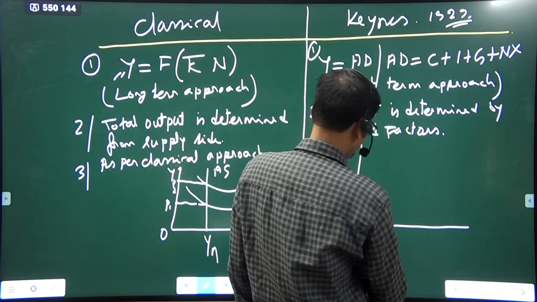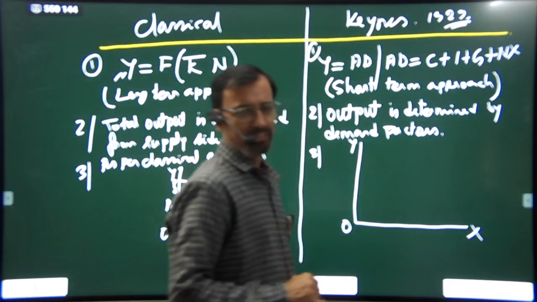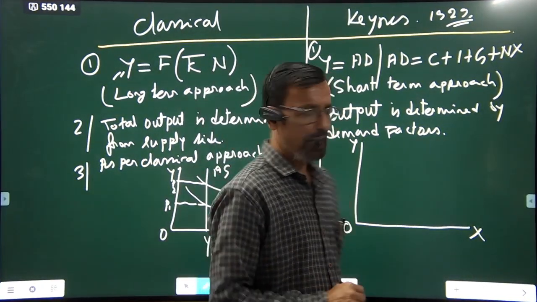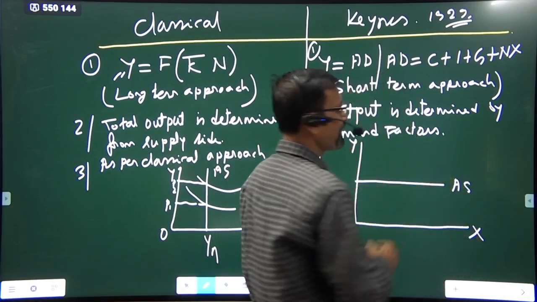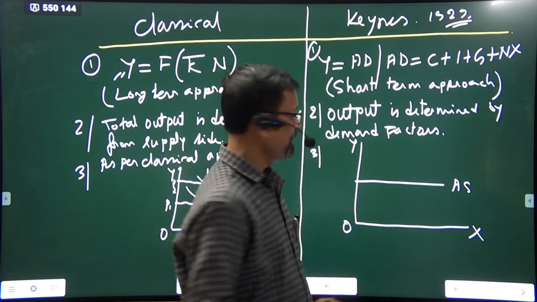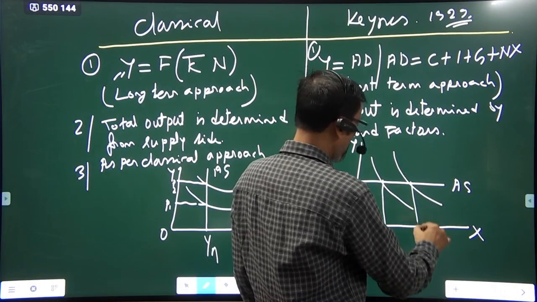But in the case of Keynes's version, aggregate demand determines what output is to be produced. That is why aggregate supply is horizontal in shape, and this is how aggregate demand determines what output is produced.